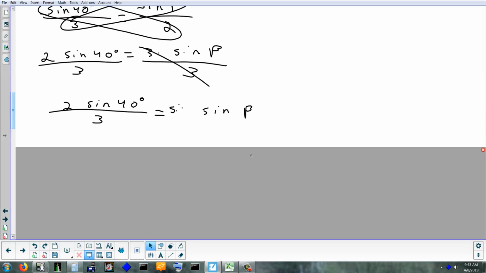Yes, inverse sine. So we are going to take the inverse sine. There is no multiplication there at all. We're just taking the inverse sine of everything that's on the right, and the inverse sine of everything that's on the left. Inverse sine, regular sine, gone. And now we've got beta by itself on the right.